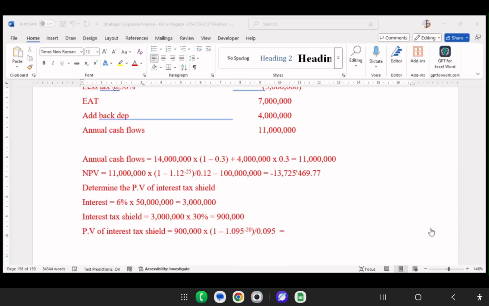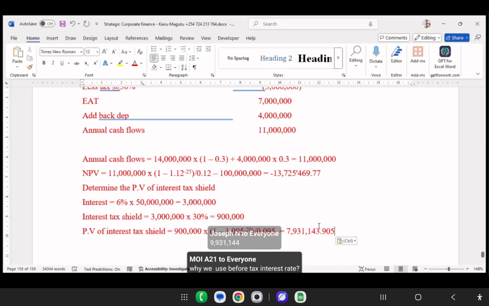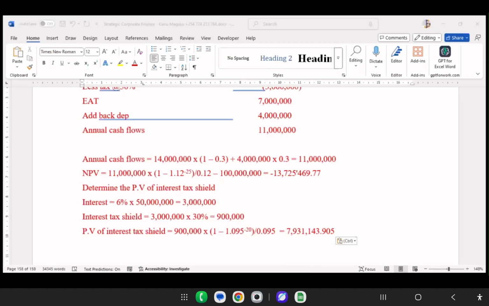Someone is giving 7 million. Let's confirm whether that is correct. Someone else is giving 9 million.